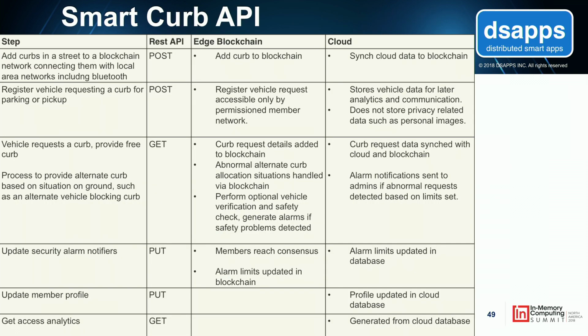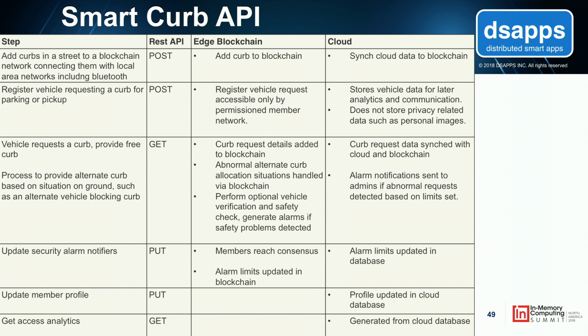And so I won't go into the use case in detail here, but what we have here is, you've got these curbs, and first you want to add the curb to the blockchain. Then you want to register the vehicle request to the blockchain.